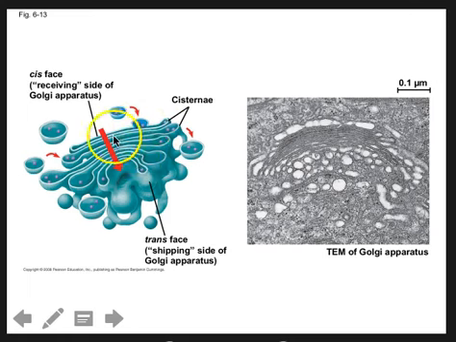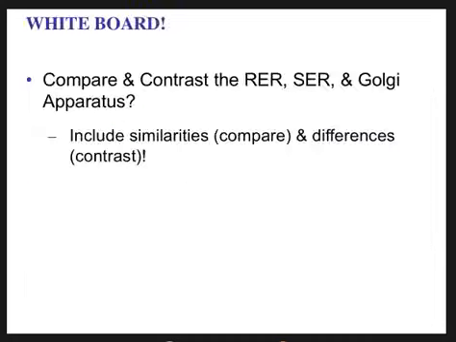Contents are going to get dumped into the actual Golgi cisternae so that they can be rearranged, repackaged, maybe 2 molecules chunked together into a macromolecule, and then they're going to work their way through the Golgi and exit on the trans face, the shipping side, as whatever vesicle needs to go. Some of those vesicles will stay within the cell and have a function there. Others will migrate to the plasma membrane and be exported out of the cell.